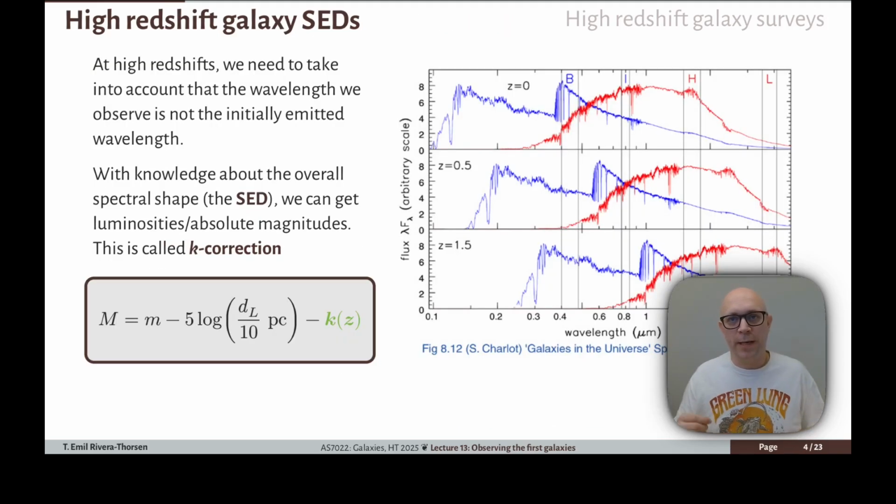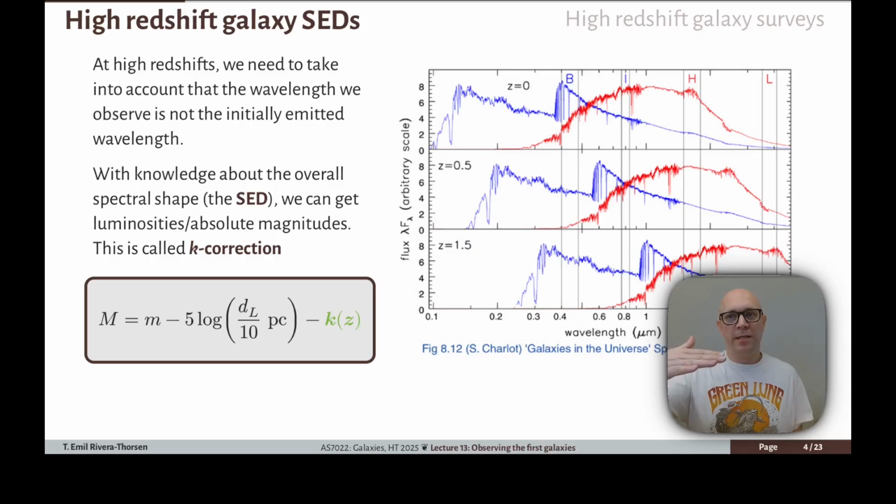A little detour about SEDs. So we want to fit the spectral energy distribution of a galaxy, right? What we do when we do SED fitting, as we have been through earlier in this course, is that we take our measured magnitudes or fluxes in a number of given filters, and then we construct a theoretical artificial model spectrum based on some physical properties such as star formation history and dust reddening and all such things.